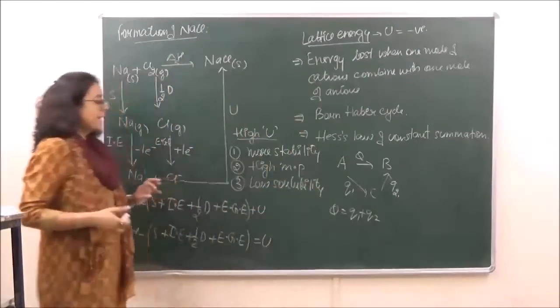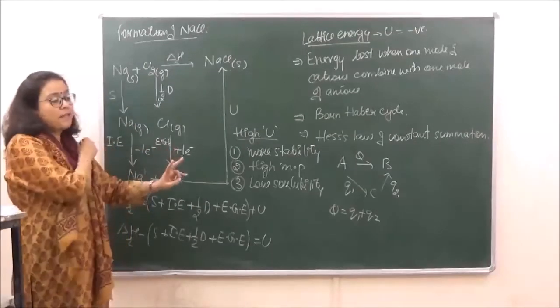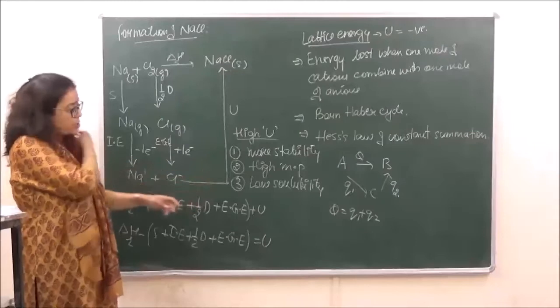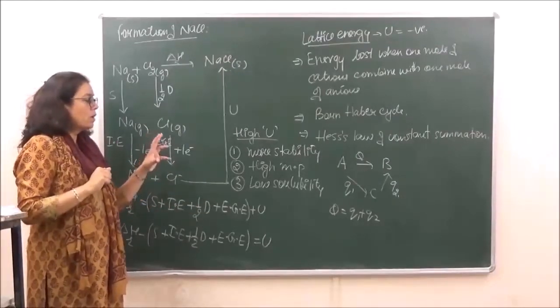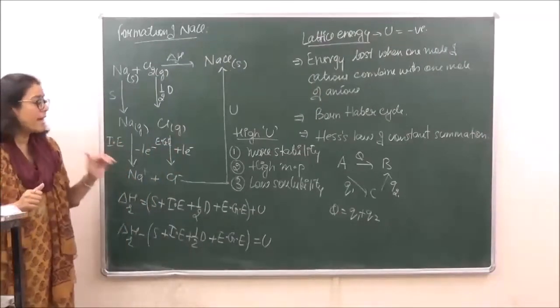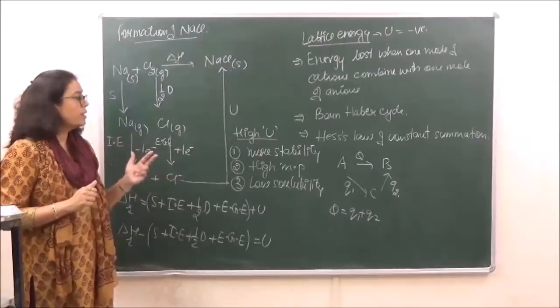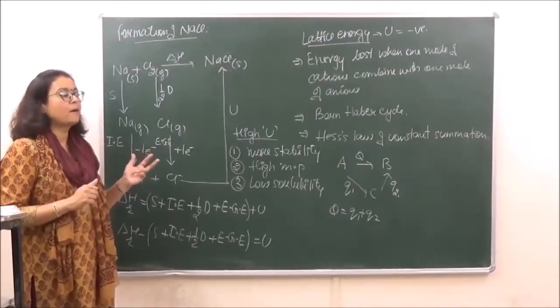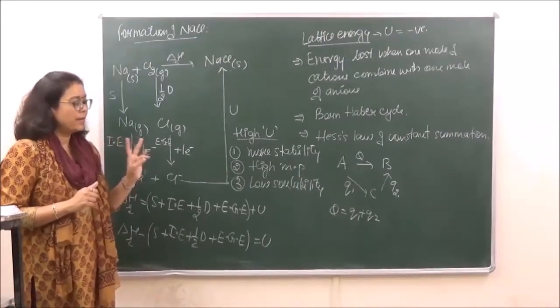We say that solubility depends upon two energies. This factor is very important because you generally get conceptual questions from this. Any compound is soluble in water if it has a higher value of hydration energy. There are two energies which make any compound soluble: one is hydration energy and the other is lattice energy, right?